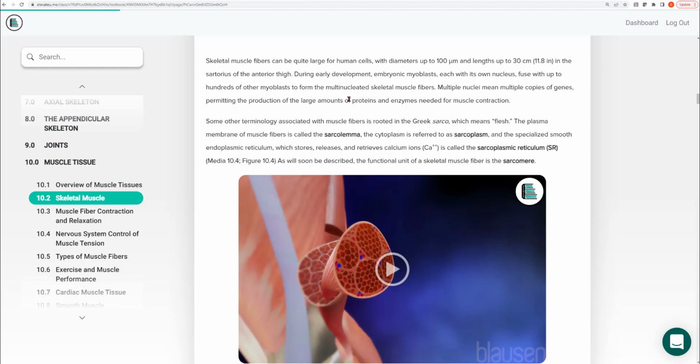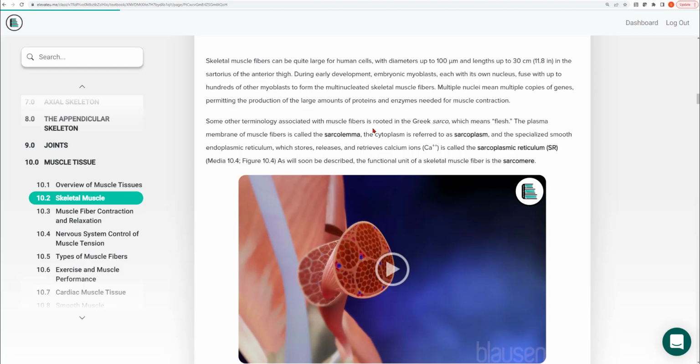They are long, and now not all, but a long muscle has very, very long muscle cells within it. And they have a pretty good diameter, and they can be, like I said, up to a foot long. If you think about the sartorius, that long strappy muscle in the thigh. I've already mentioned the myoblast story and how the cells are fused together, but the nuclei are maintained.